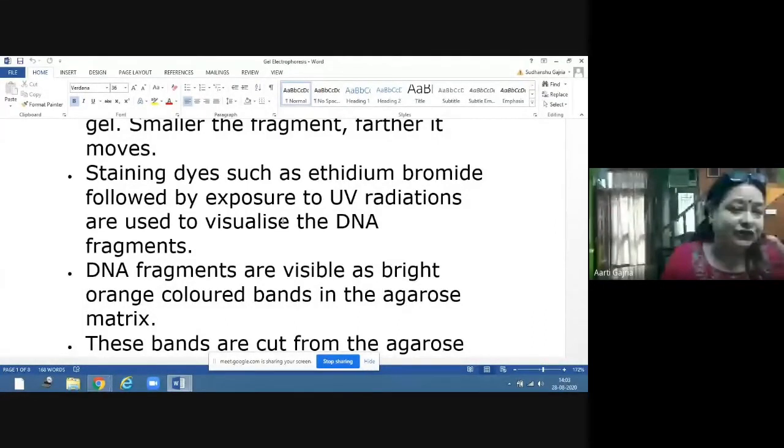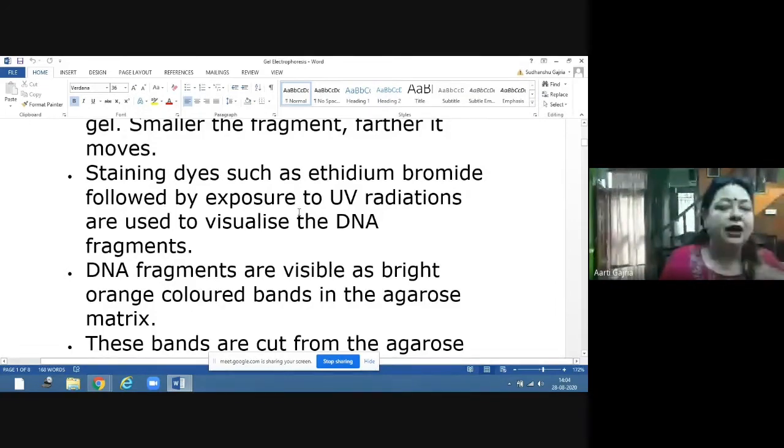After staining the DNA fragments with ethidium bromide, we have to expose them to UV radiation to visualize the DNA fragments. So two things are required to visualize the DNA fragments: one is the staining dye ethidium bromide, and the second is ultraviolet radiation, because under visible light the DNA is not visible.